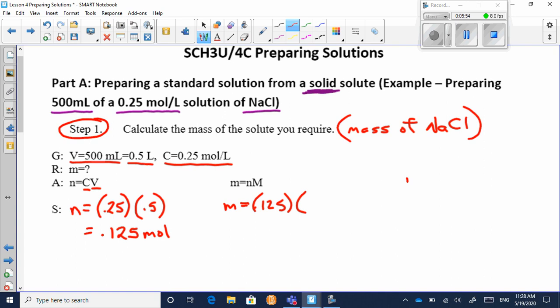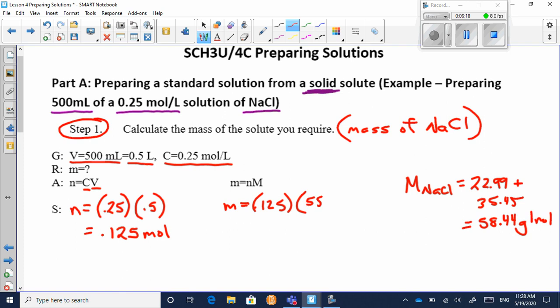And so we'd say, well, let's do the molar mass of NaCl. We'll go to our margin. That would be 22.99 for the sodium plus 35.45. And there's only one of each in sodium chloride. So we'd get 58.44 grams per mole.